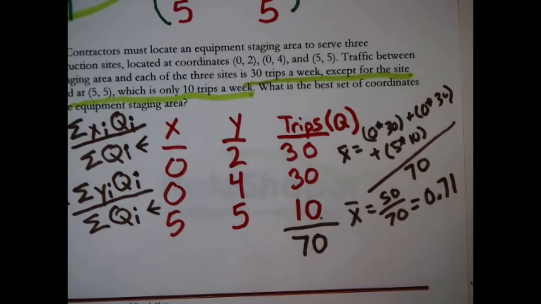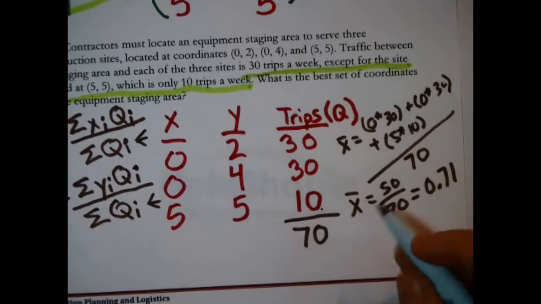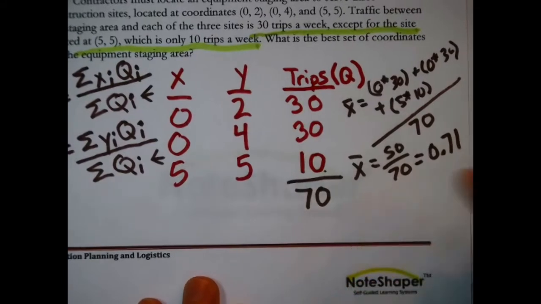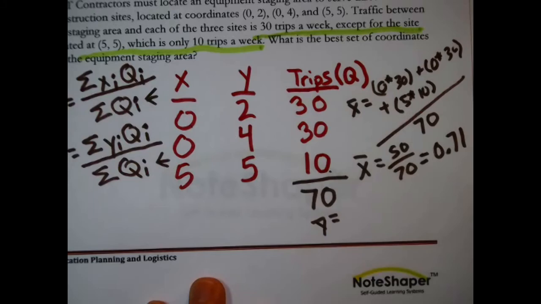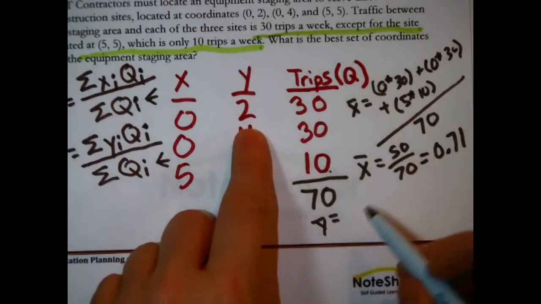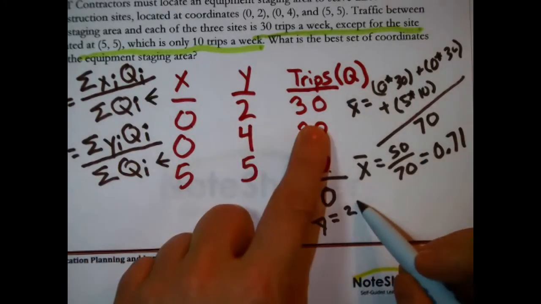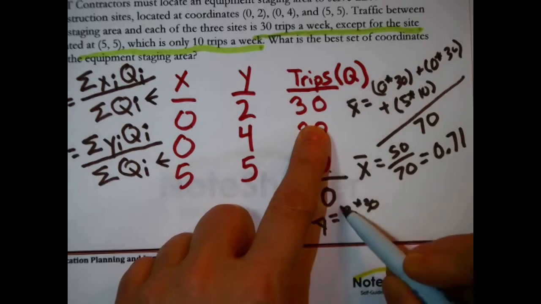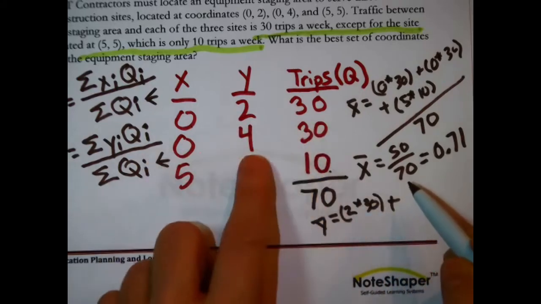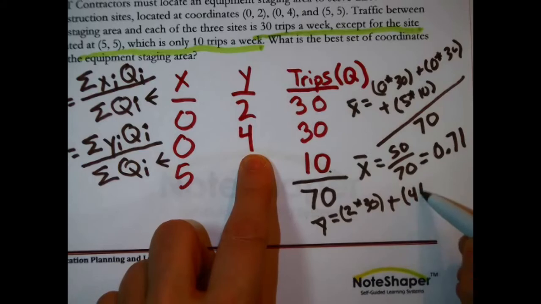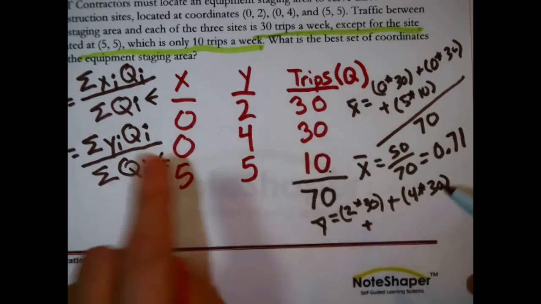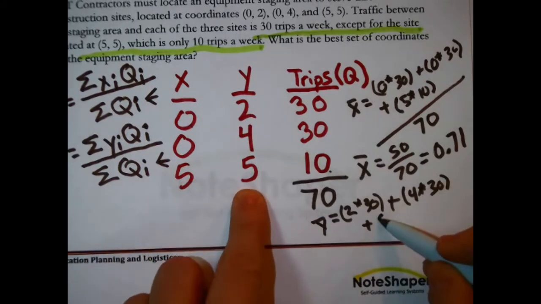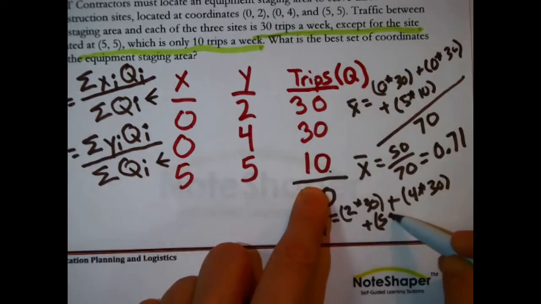That's the x-coordinate. Now we need to do some more scratch work for the y-coordinate. I'll work down here. For the y-coordinate, I have to be careful. The y-coordinate 2 times the amount shipped, 30, plus the y-coordinate 4 times the amount shipped, 30, plus the y-coordinate 5 times the amount shipped, 10.